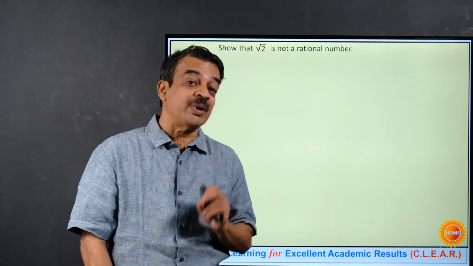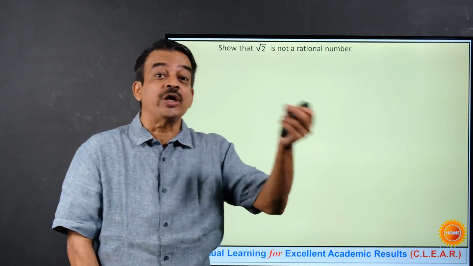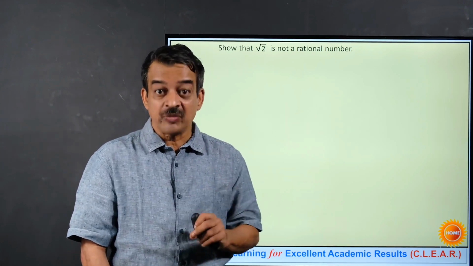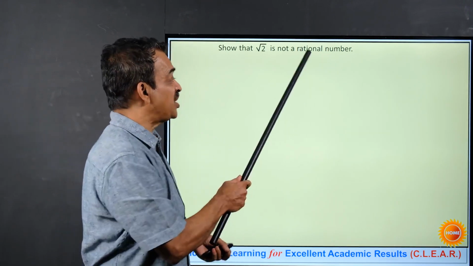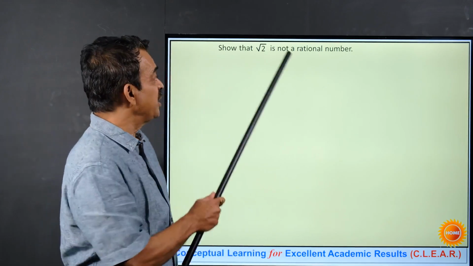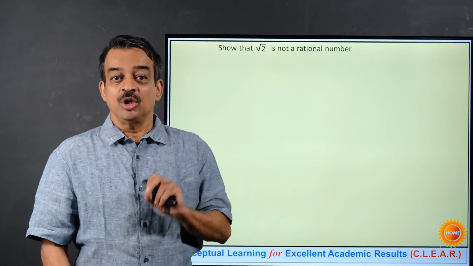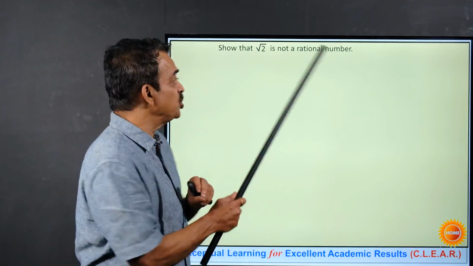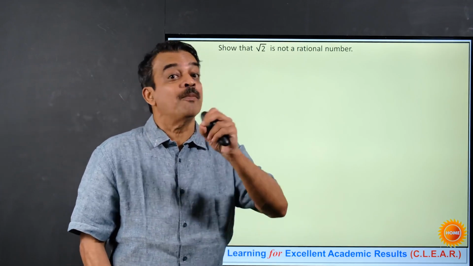So your first statement can begin as root 2 is a rational number. I removed not, so the opposite is made. Or you take the opposite word of rational in mathematics, which is irrational. So you will say root 2 is not an irrational number.